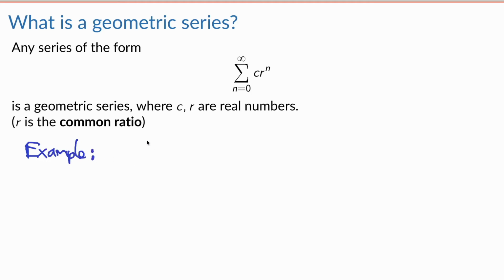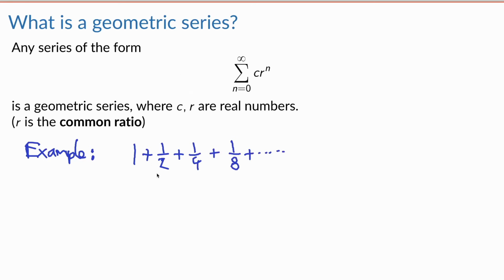we had a story of a frog who was jumping half the distance at each go. I think he had 1 plus a half plus a quarter plus an eighth, and so forth.